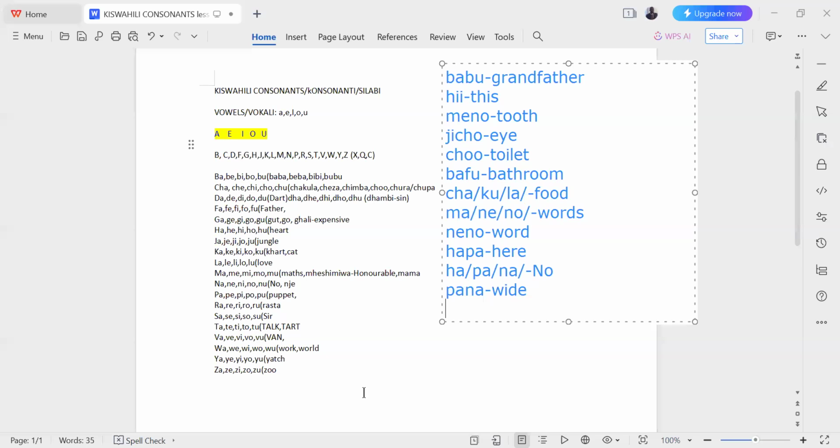The road is barabara. Then pana is a wide road. So it starts with barabara, then you go pana, barabara pana, not pana barabara. I told you, Swahili goes the opposite of English. English starts with the wide road. Swahili starts with the road wide.